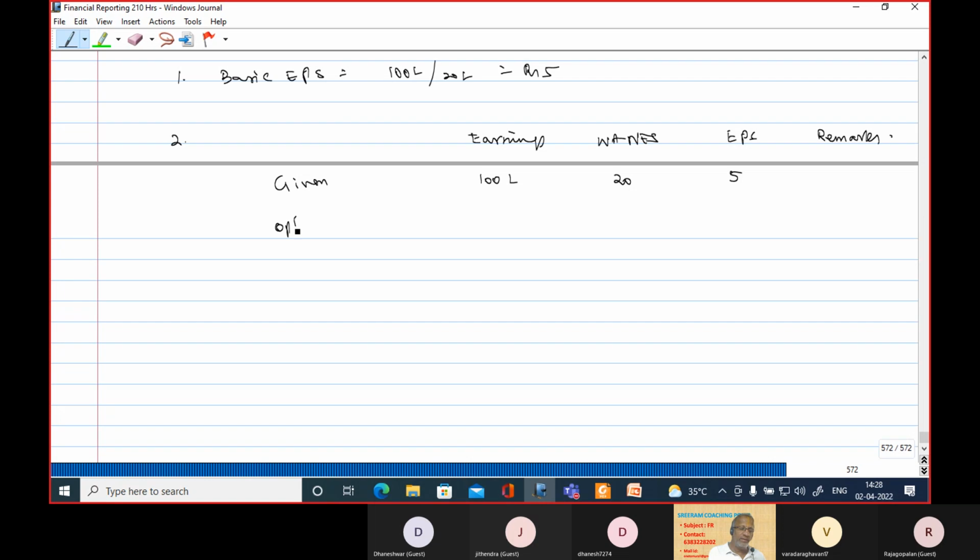Then first comes the options. It will not have any impact on the earnings, but it will have impact here, 20,000. So the change will be 100 lakhs and 20 lakhs plus 20,000, which will definitely cause a reduction in EPS.